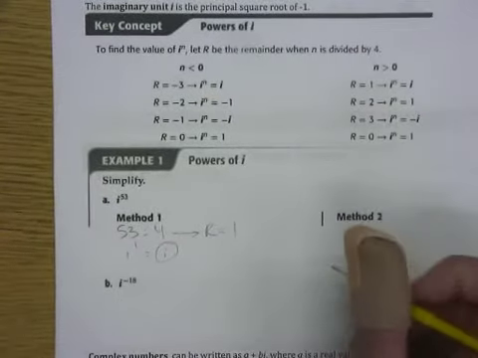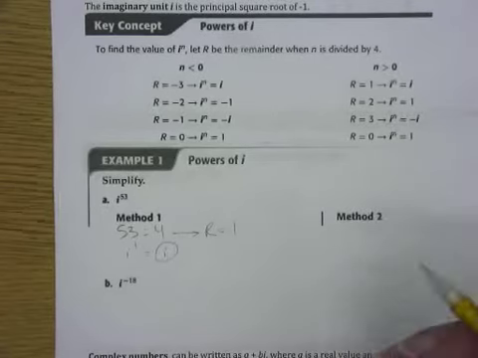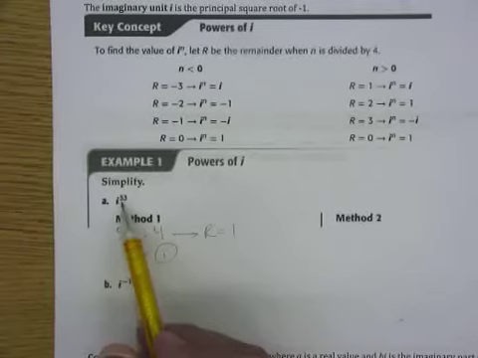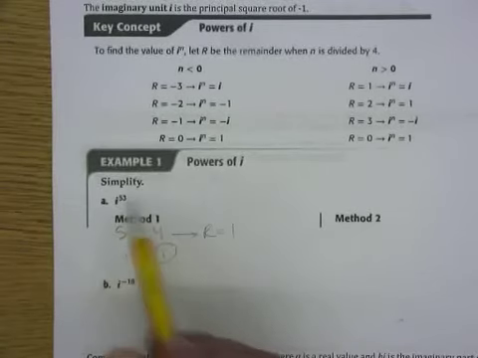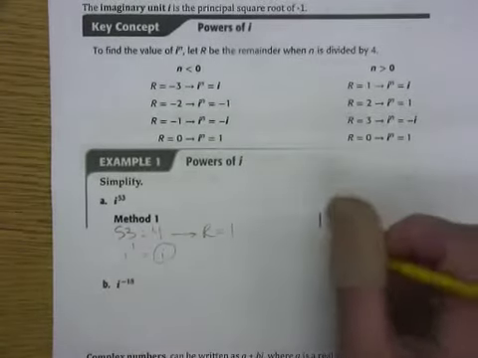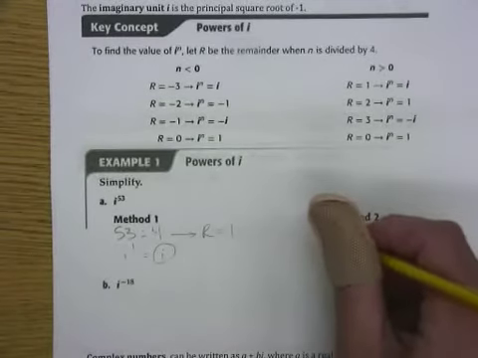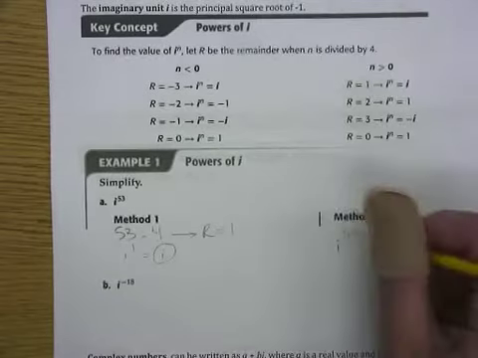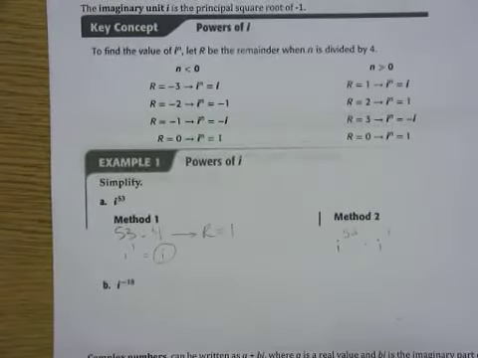Another way to look at this is to realize that the largest number smaller than 53 that is divisible by 4 is 52. So I could think of this as i to the 52 times i to the 1.